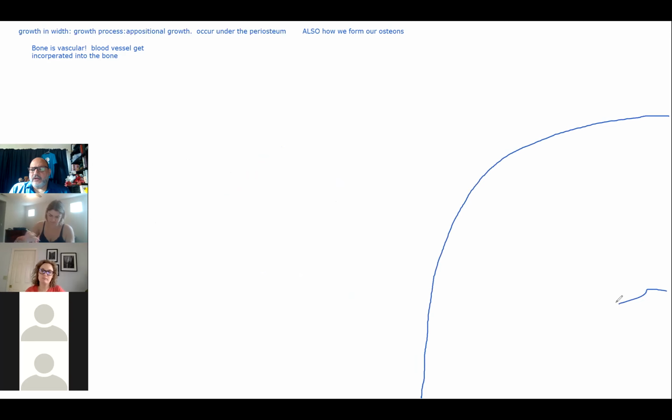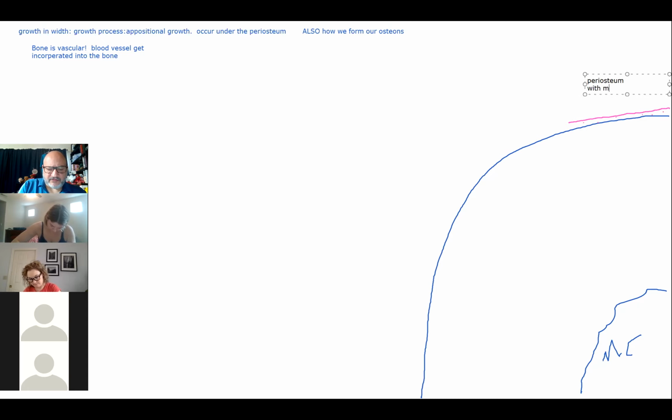So down here, we have our medullary cavity. And I'm only going to draw the teeniest bit of it, but we know that on the outer surface of our bone here, we have our periosteum with the mesenchymal cells. So let's add some labels so we don't forget any of this. So we have our periosteum with our mesenchymal cells.